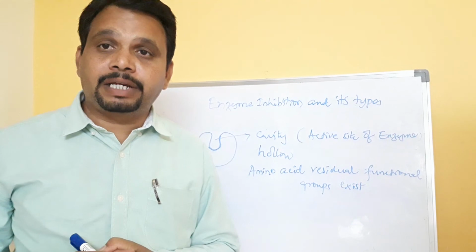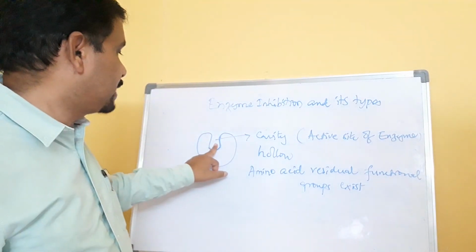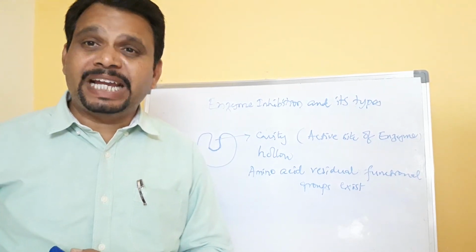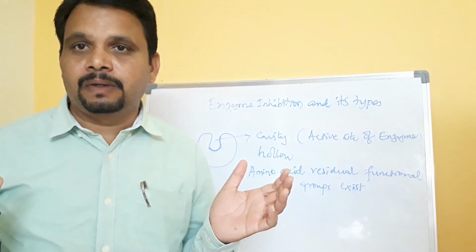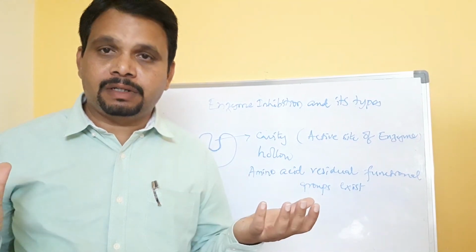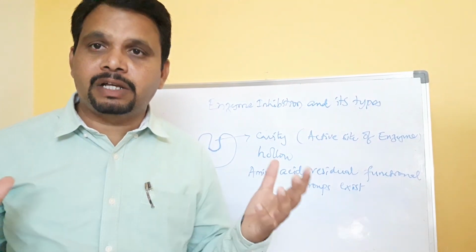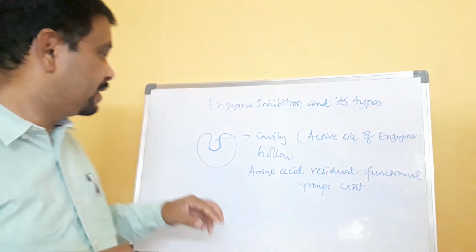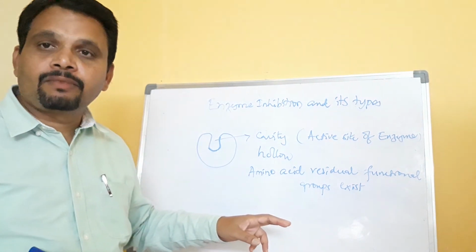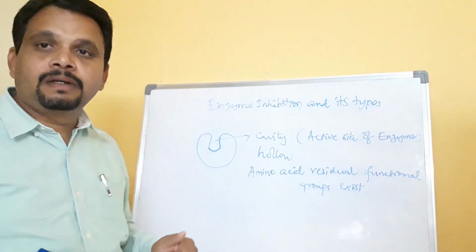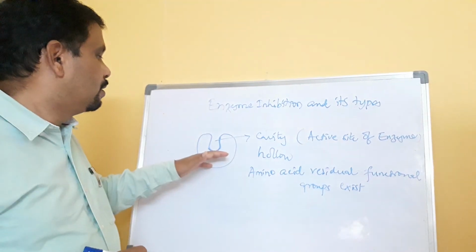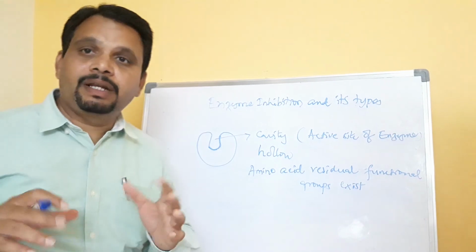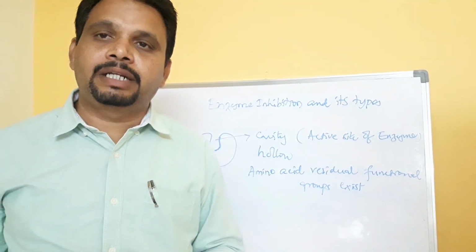All these kinds of interactions take place between this active site and substrate, so that the electron transfer takes place. The electron transfer and hydrogen transfer take place. After completion of the reaction, enzymes will return to their original state, but the substrate will be converted into product and released.